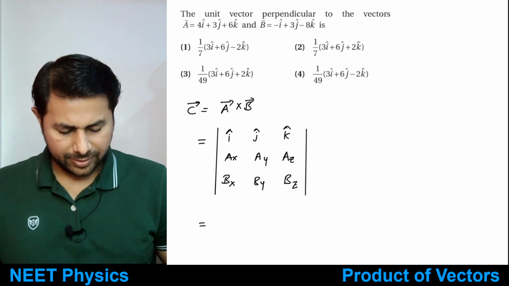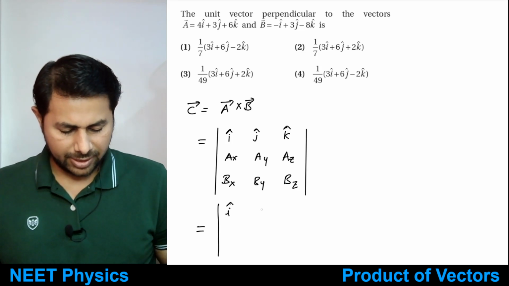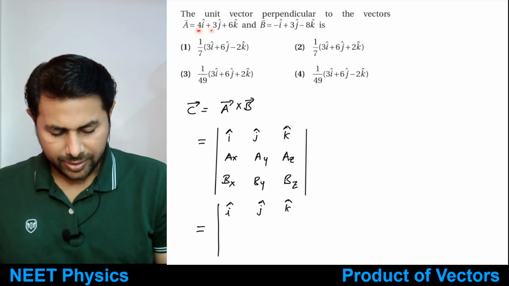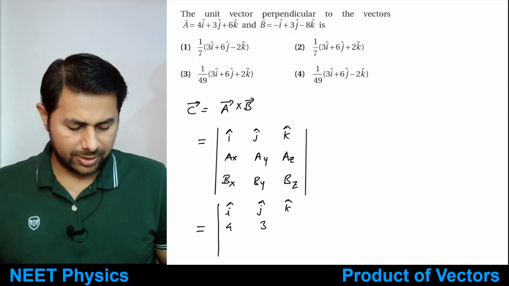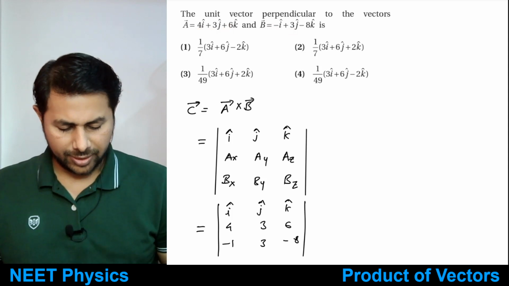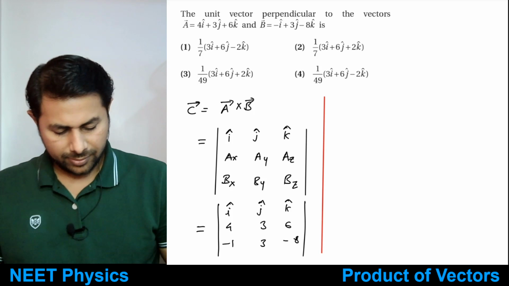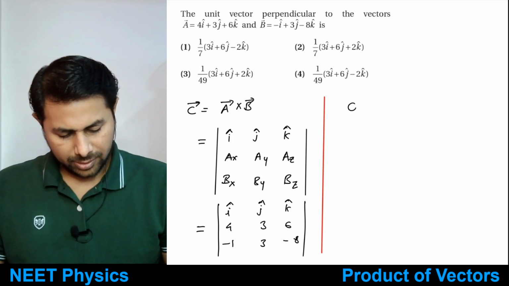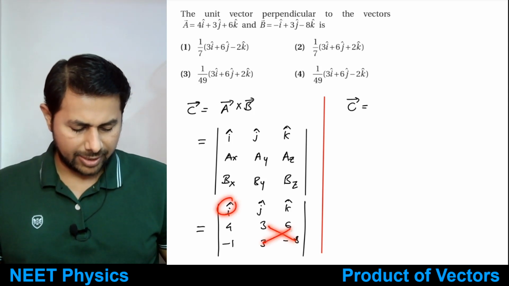And what's that? That is equal to the determinant of I cap, J cap, K cap. What is AX? 4, 3, 6, and this is minus 1, 3, minus 8. Okay, then let's solve the determinant. So therefore you have C bar equal to I cap multiplied by this with this minus this with this.